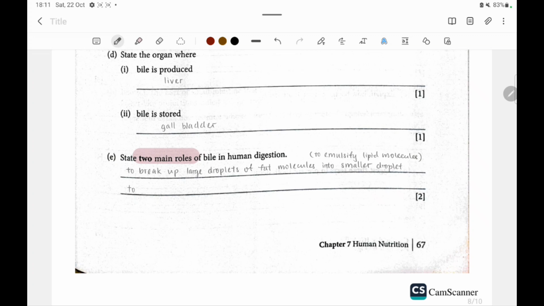To neutralize food that enters small intestine from the stomach. So these are the two main roles.